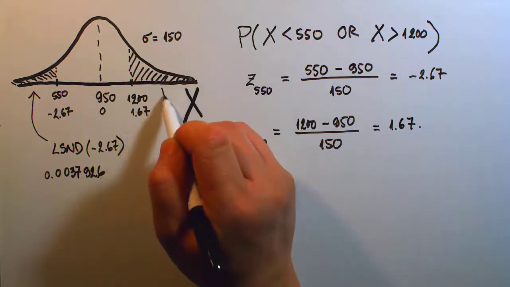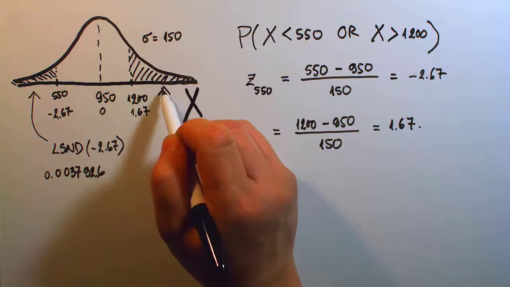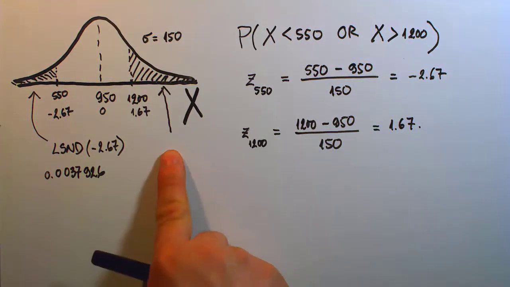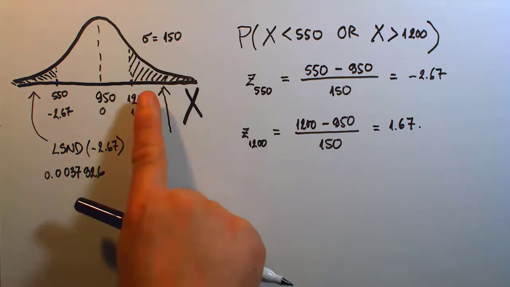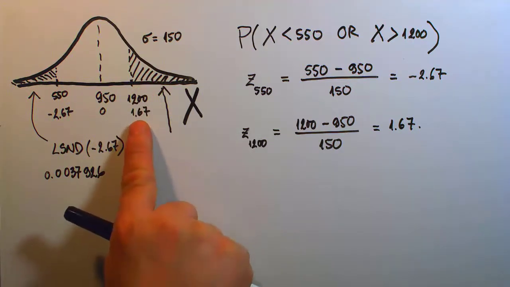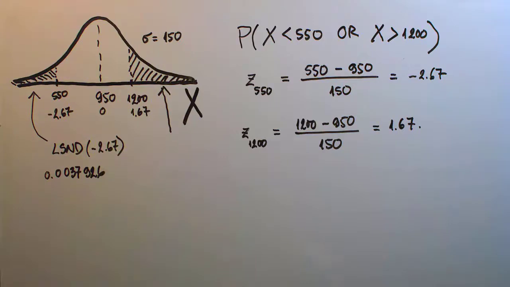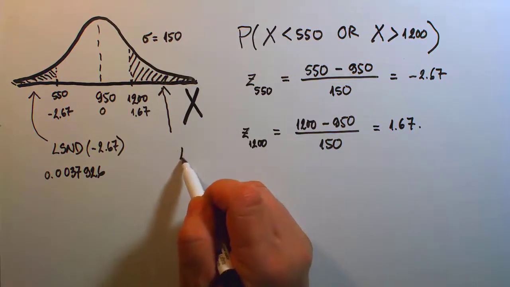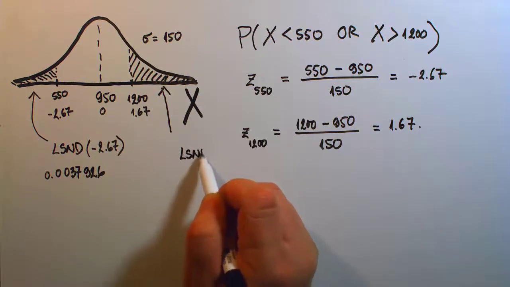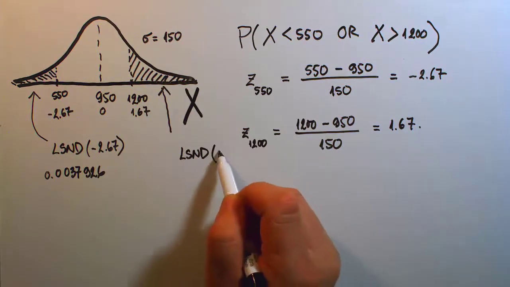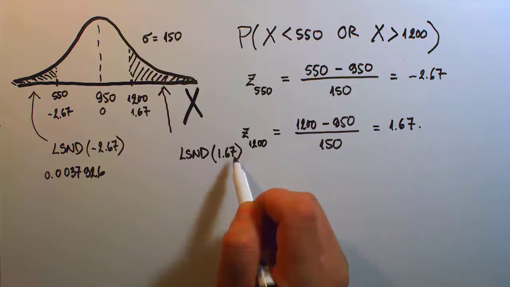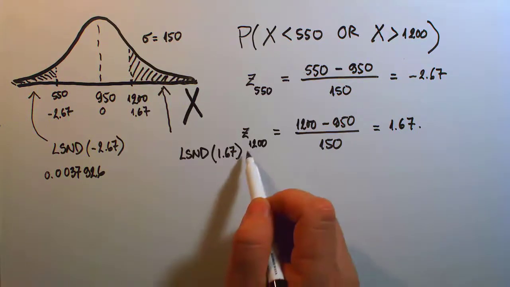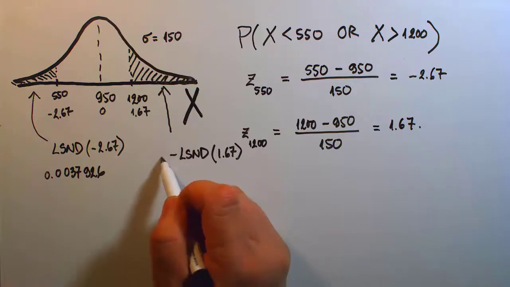This other answer, where my arrow points to, is the area that's shaded to the right hand side of z-score 1.67. So we will run our LS&D program for the given z-score being 1.67. But keep in mind this time that we need to subtract the answer after the LS&D program from 1.